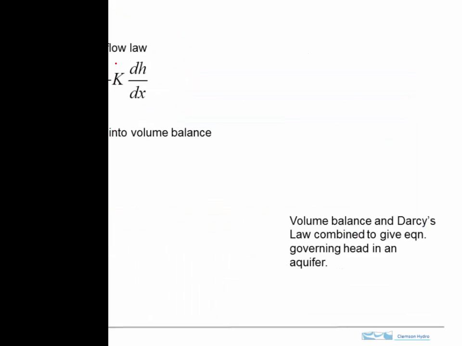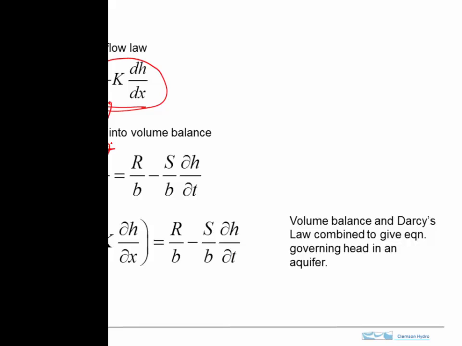Okay, so the next step here is to introduce the flow law. Here's Darcy's law, and we're going to take this and substitute it into the volume balance. Here's the volume balance, and the flux appears here, so we're going to put it in there. That gives us a result that is really the combination of two things: the volume balance and Darcy's law.